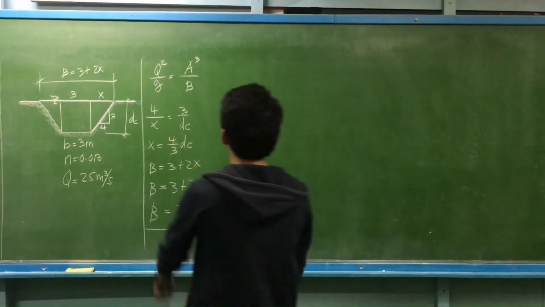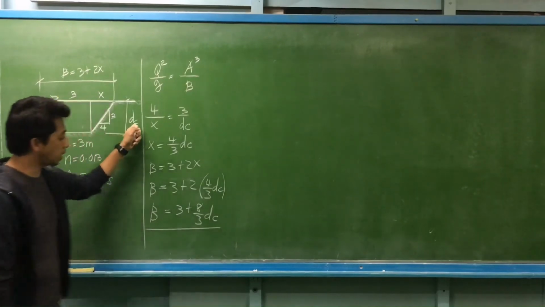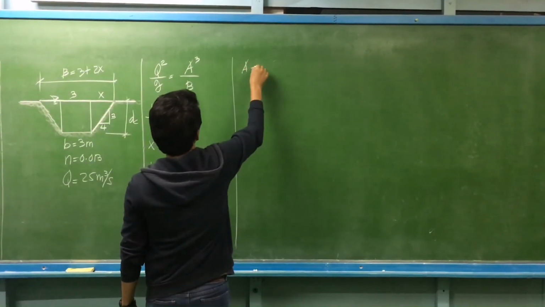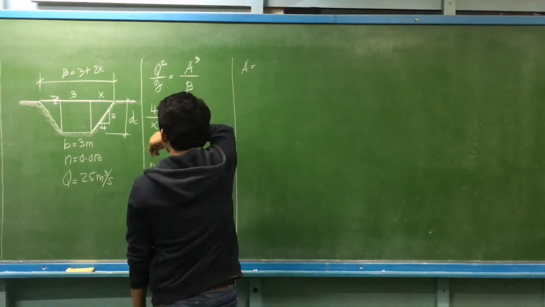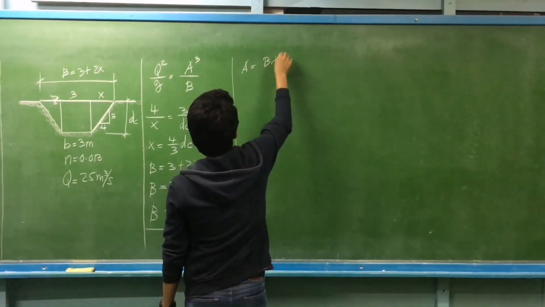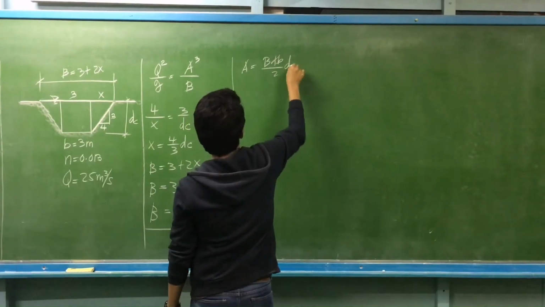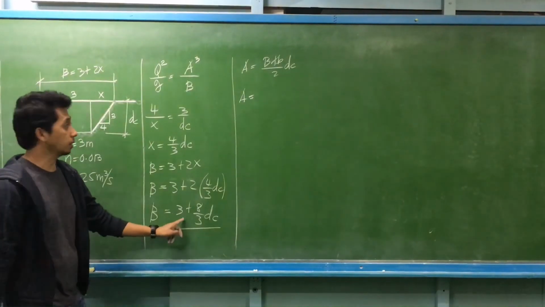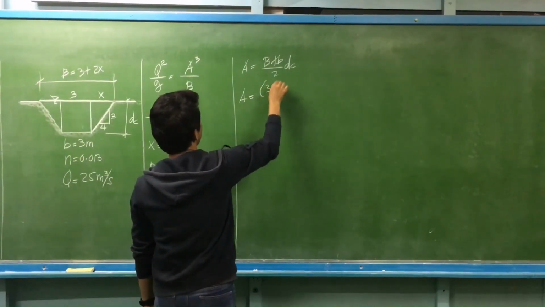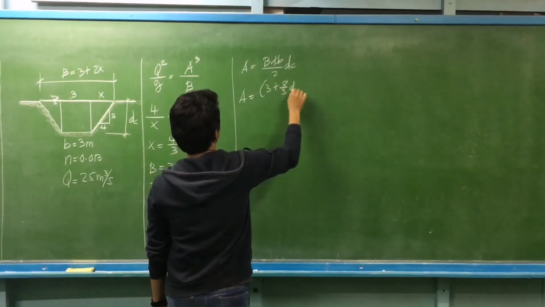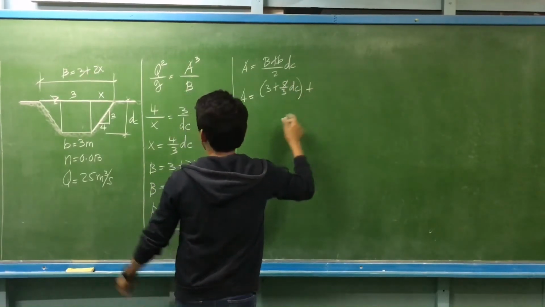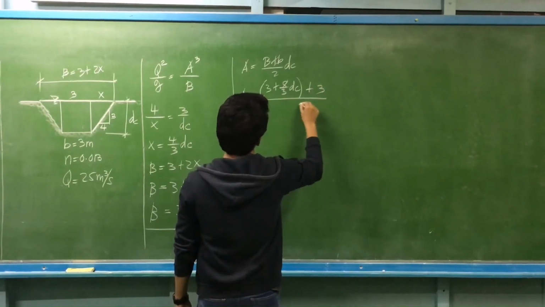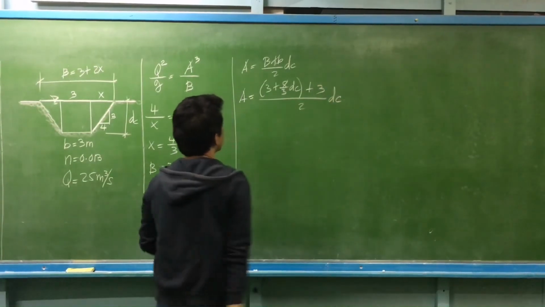So how about the area? What is the area in terms of the critical depth? So we have the area is equal to the top base plus the bottom base divided by 2 times the depth. What is the equivalent of the top base? That is the same as 3 plus 8 over 3 of the critical depth, plus the bottom base, which is 3, divided by 2 times the critical depth.